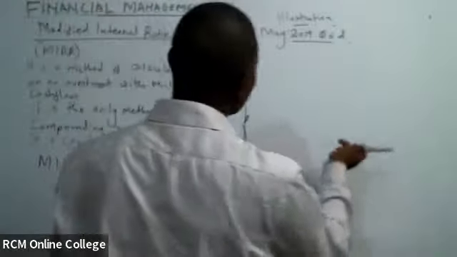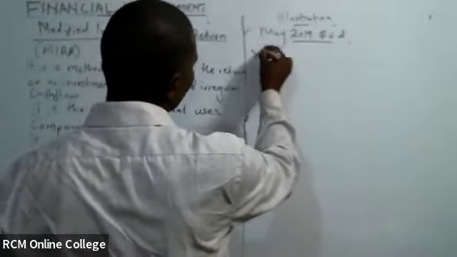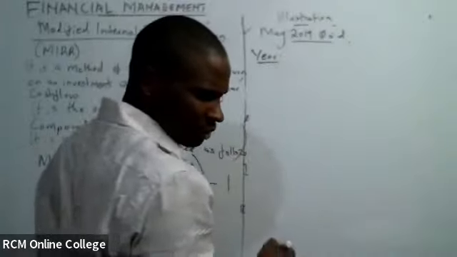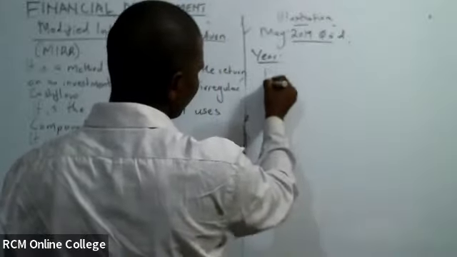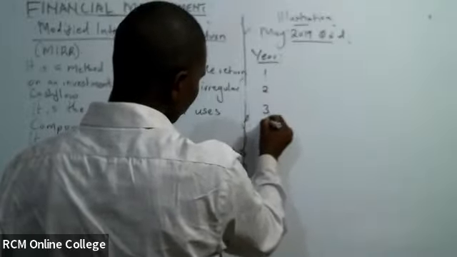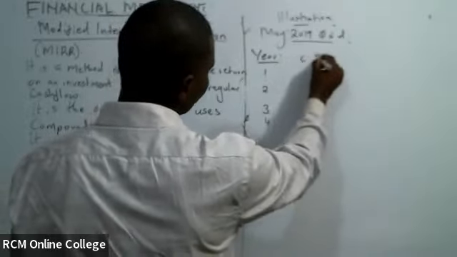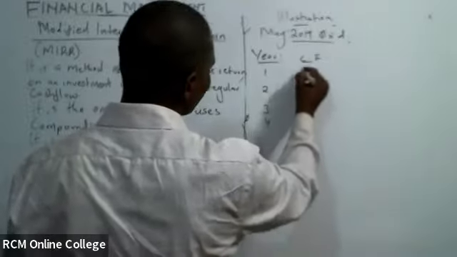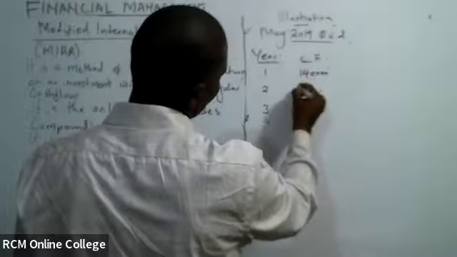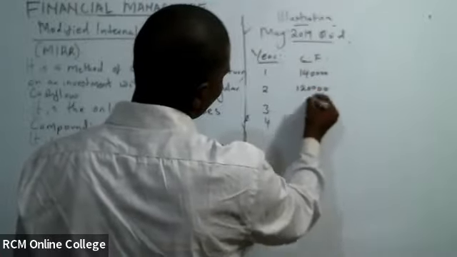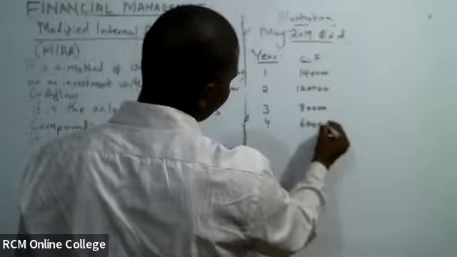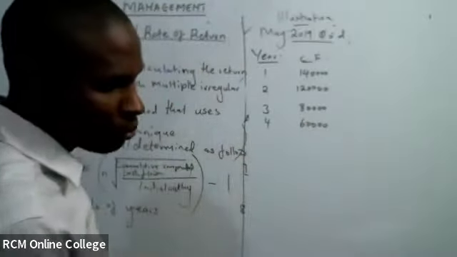So to solve this, we compound the cash flows. Who can remind us of the compounding formula for irregular cash flow? We have 140, 120, 80, and 60. How are we compounding?